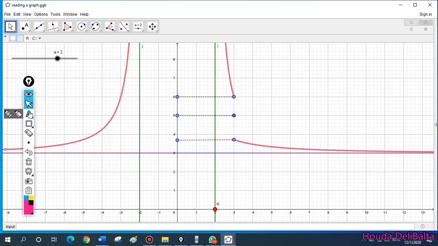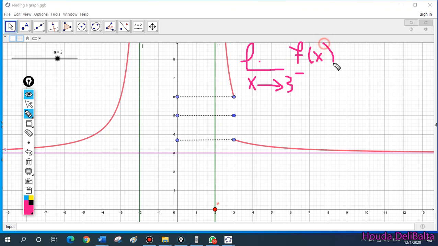Let's concern the limit as x tends to 3 minus, i.e. from the left side. So again, let's move the slider. So we are approaching 3 from the left.